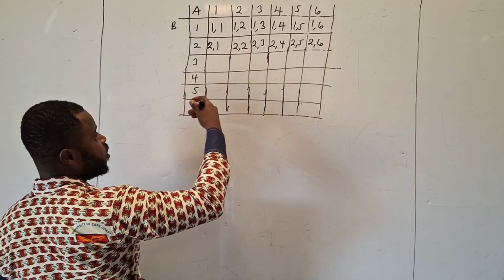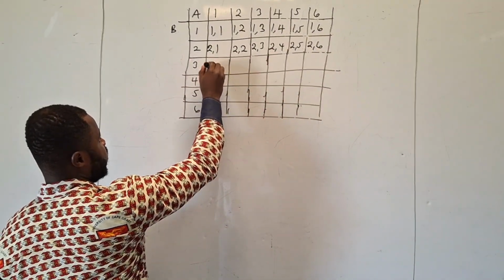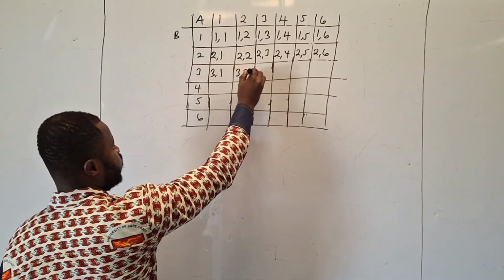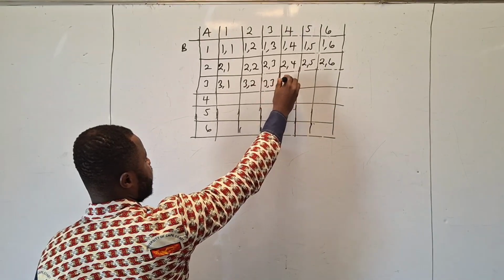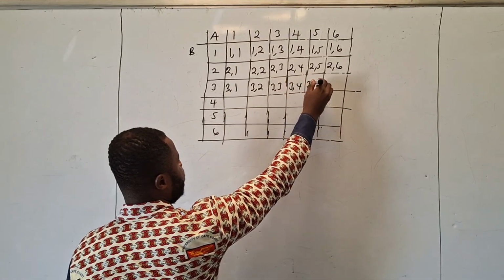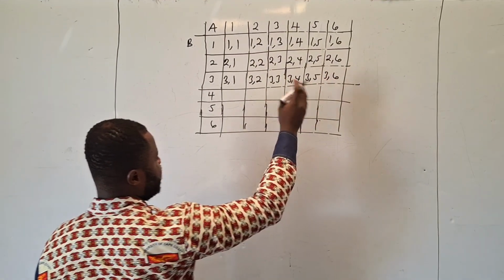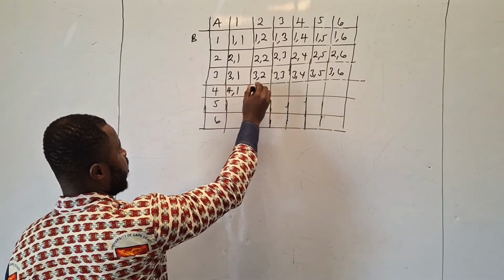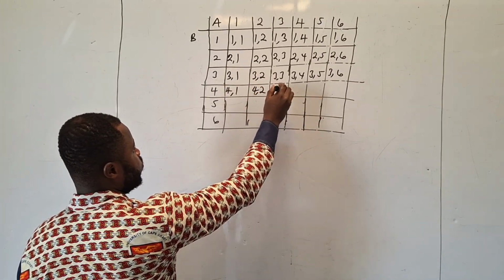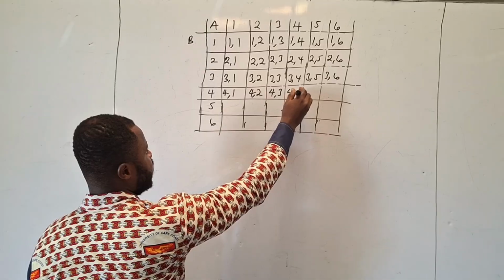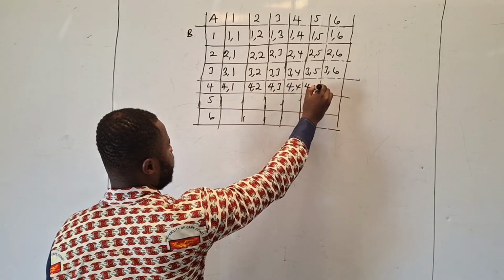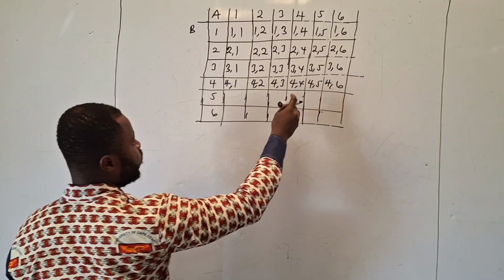Depending on where you are reading the numbers from, we can get 3, 1, 3, 2, 3, 3, 3, 4, 3, 5, 3, 6. Then we can get 4, 1, 4, 2, 4, 3, 4, 4, 4, 5, 4, 6.